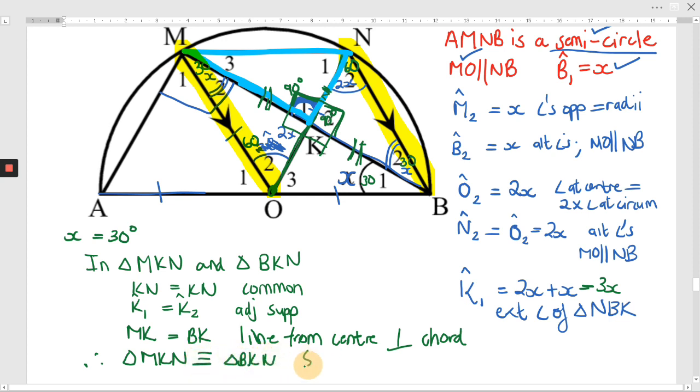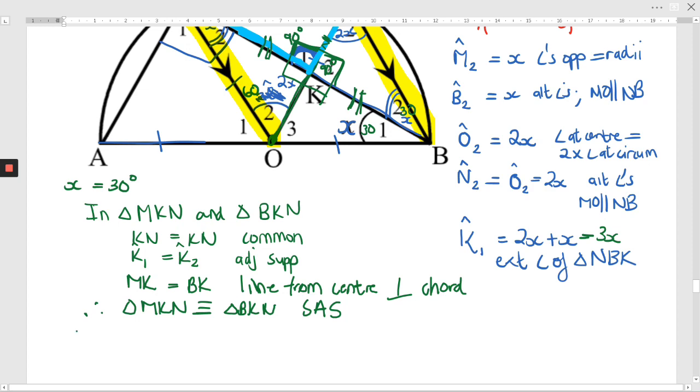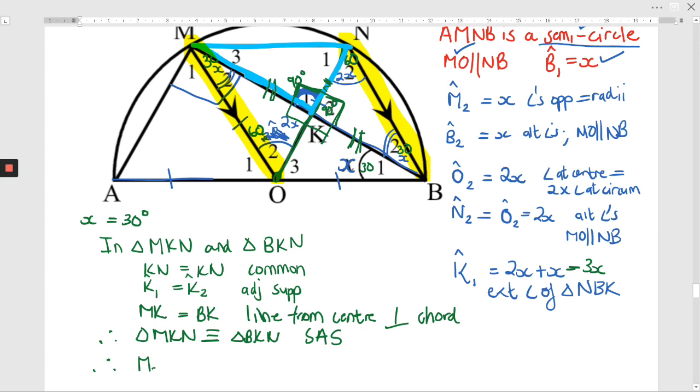It was side, angle, side, and then therefore from that, I can say that M3 equals B2, which is 30, and then also N1 equals N2, which equals 60. And then I'm immediately going to put those on the diagram. My M3 is 30, my N1 is 60.